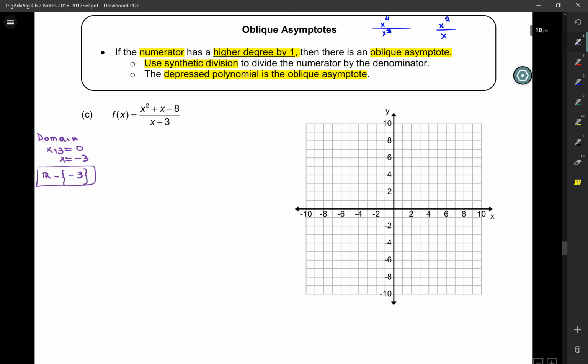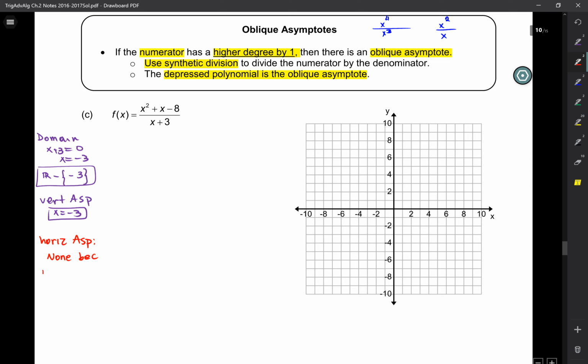Okay? This is what we were doing before. What's the vertical asymptote? X equals negative 3. Nothing new here. Okay? Now, horizontal asymptote. Is there a horizontal asymptote? No, there isn't.